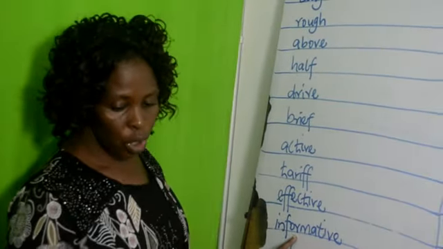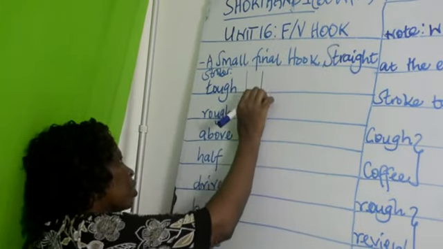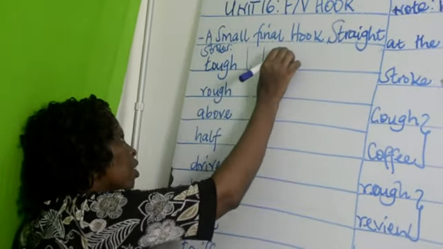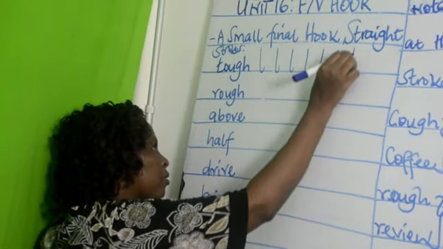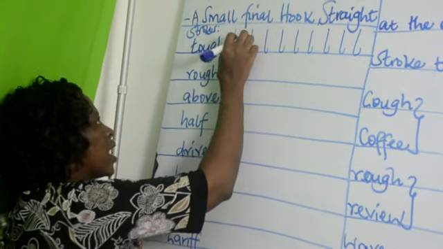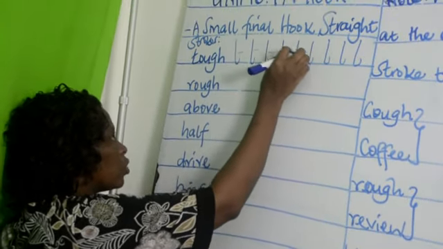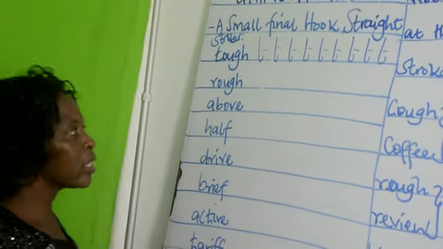This is how we drill the word tough on the line. Tough. A stroke of T on the line, hooked for F. Tough. We are drilling it on the line because of short R, a second place vowel.